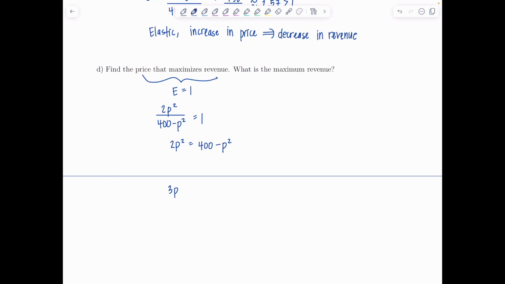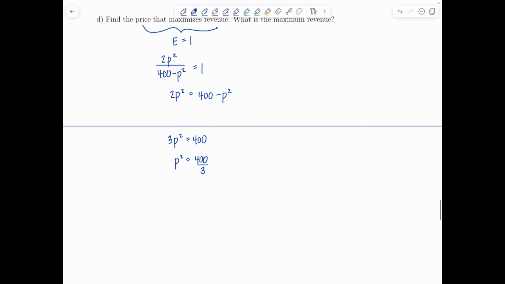So 3P squared is 400. P squared is 400 over 3. So P is square root of 400 over 3, which is about 11.55. Okay, so that's where we should price the t-shirts.